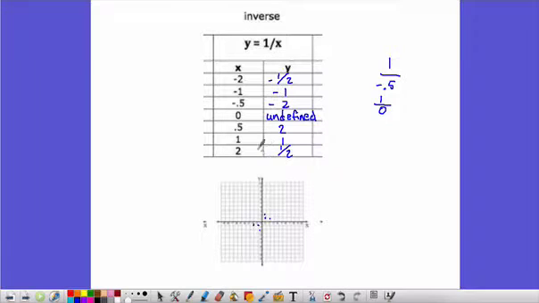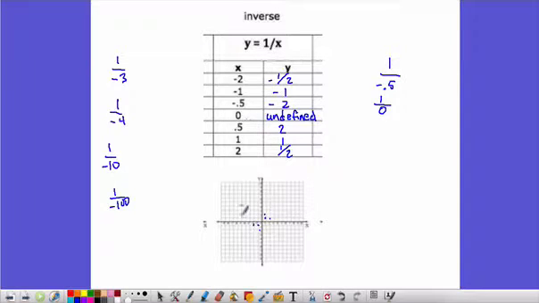All right, so as I put in bigger, or actually smaller and smaller negative numbers here, so if I were to put 1 over -3 and 1 over -4 and 1 over, let's just jump to -10 and 1 over -100, you can see how we're getting closer and closer and closer to the x-axis, right?